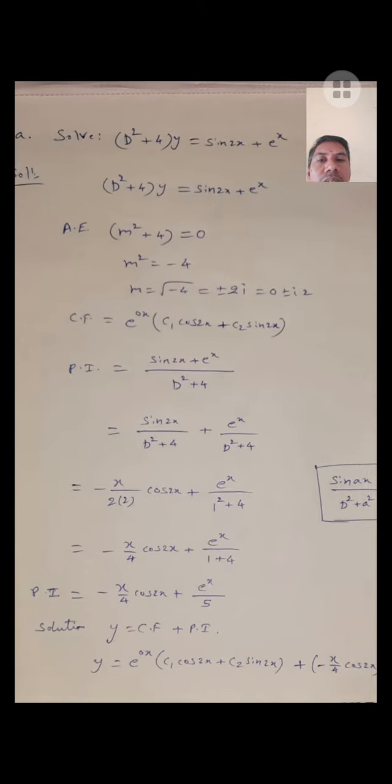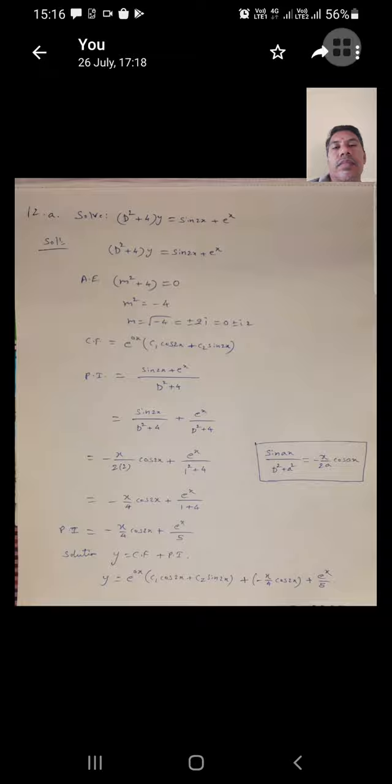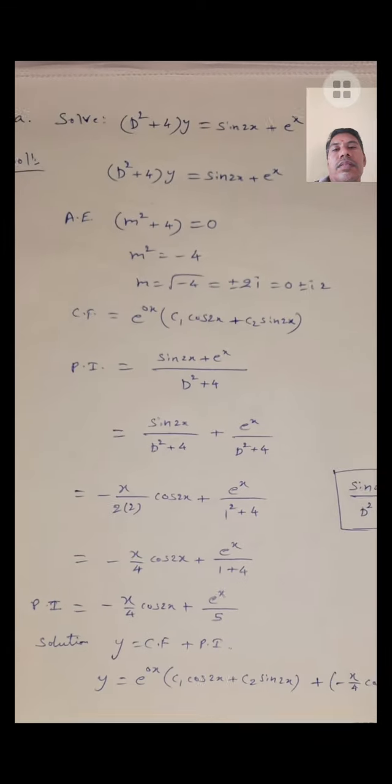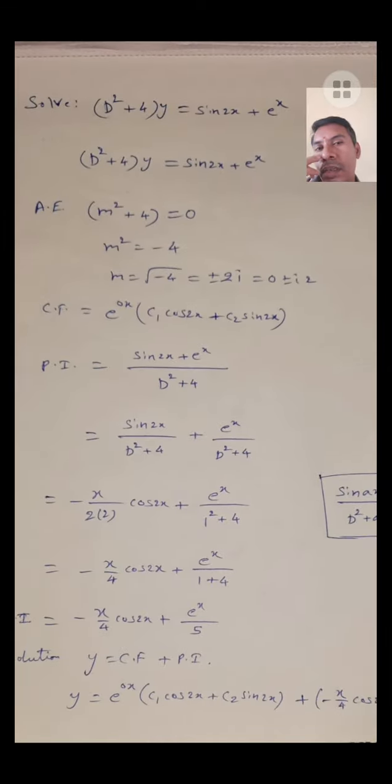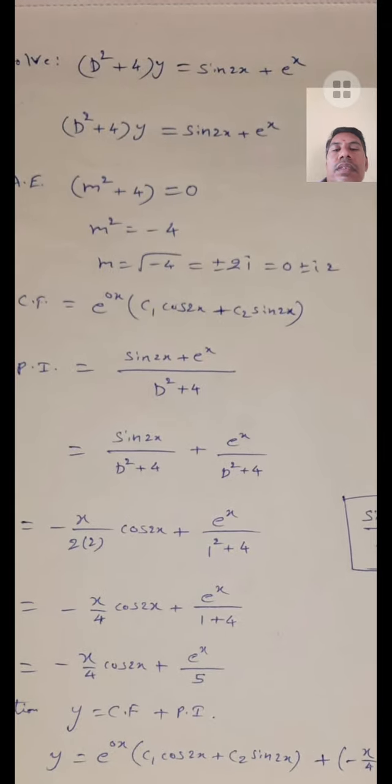Here the right side is given as e power x. The heading is solve, which means we have to find two things, the complementary function and the PI, particular integral. First write the question and then write the AE. Then according to the roots, here we have roots alpha plus or minus i beta.